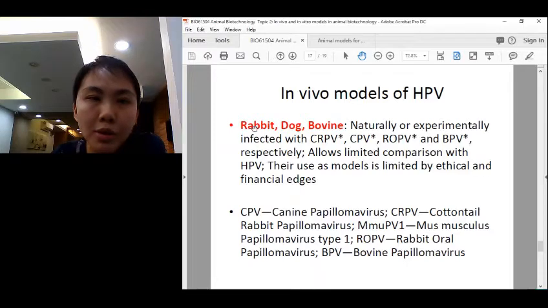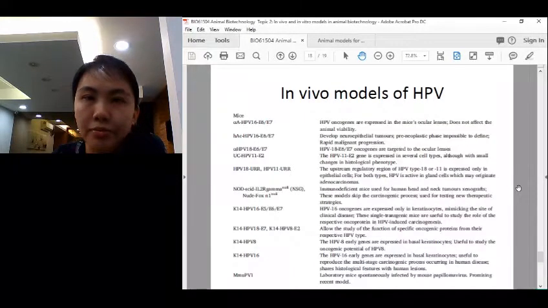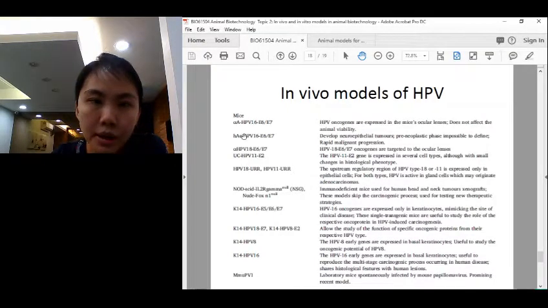Which is why, as you understand, it's not easy to get ethical clearance for models like rabbits, dogs, or bovines. Very difficult. So these are the lists of in vivo models for HPV. You can see from the list here, these are conventional models, where most of them, or all of them, are mouse models.